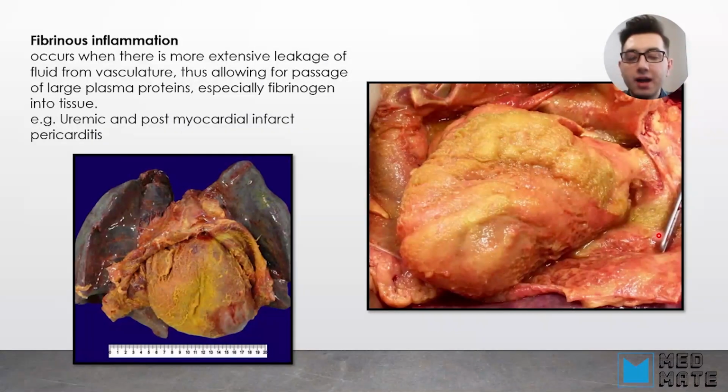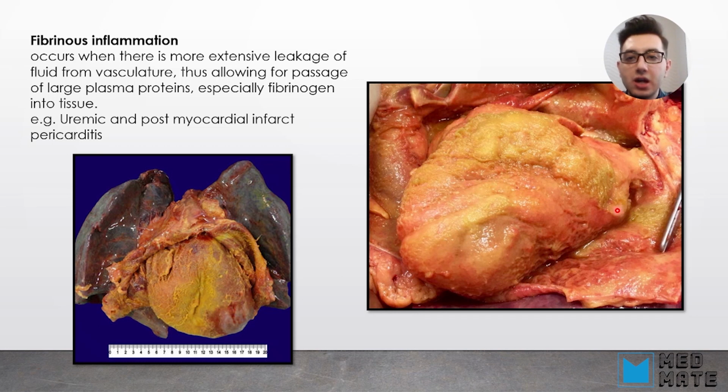Okay, now fibrinous inflammation is another form of inflammation that occurs when there is more extensive leakage of fluid from the vasculature, and that causes the passage of large plasma proteins, especially fibrinogen, into the tissue.